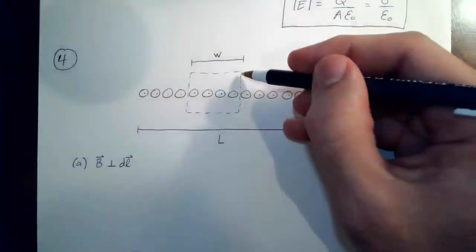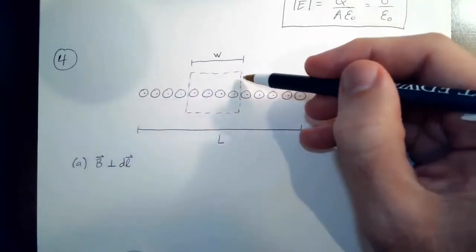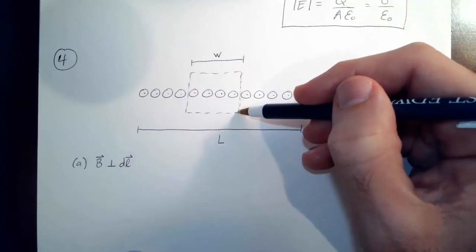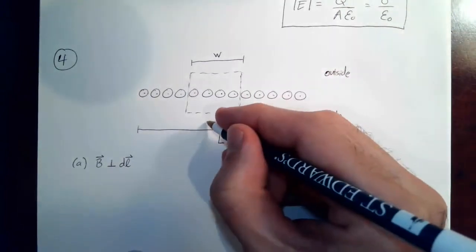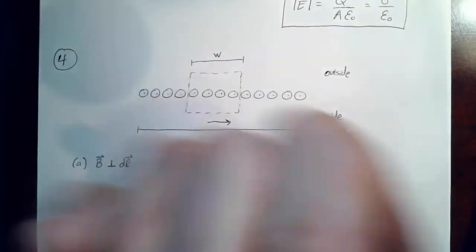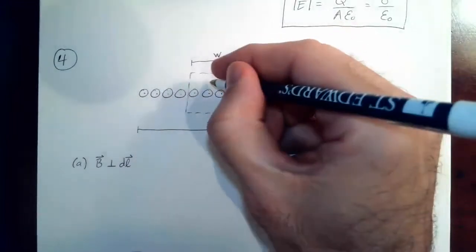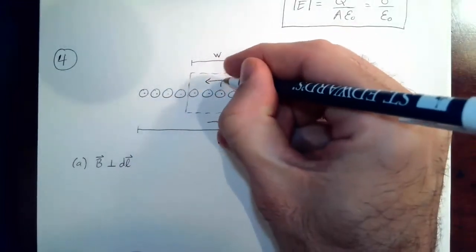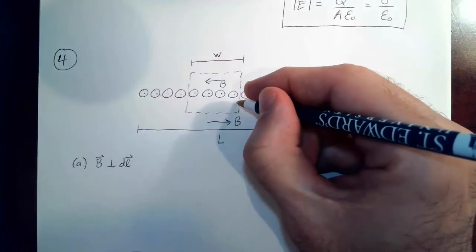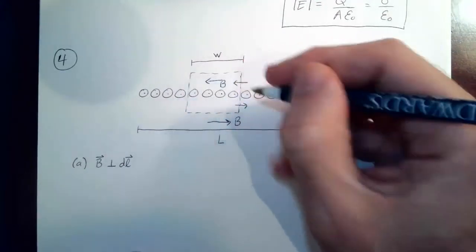So part A is asking us about these vertical parts of our Amperian loop. What's the direction of B? So remember that B is, using right-hand rule number 3, to the right inside, and to the left outside. So that means along here, it's to the right, and along here, it's to the left.